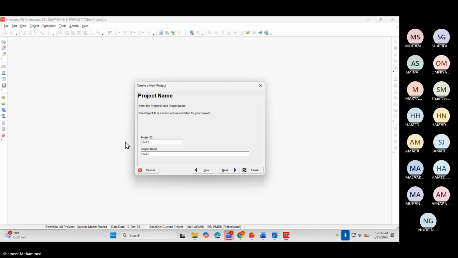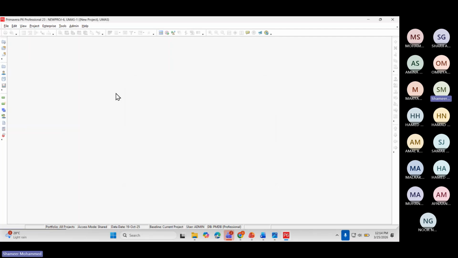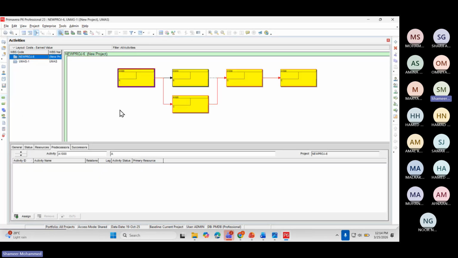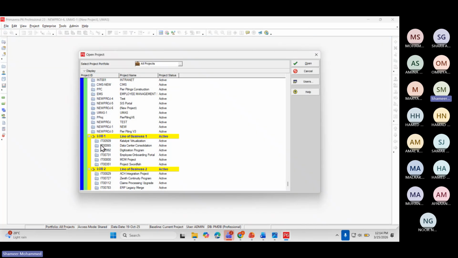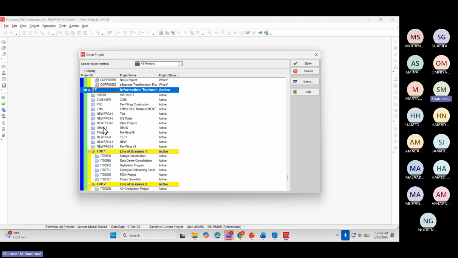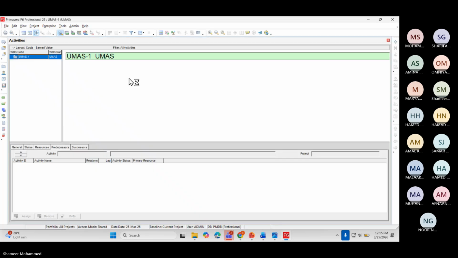Then I finish it. Now here directly I will go to create the activities. So select the project now, open the project. File, open, IT project, see this one, UMass, open. Okay, then in this, I'm going to create the activities.